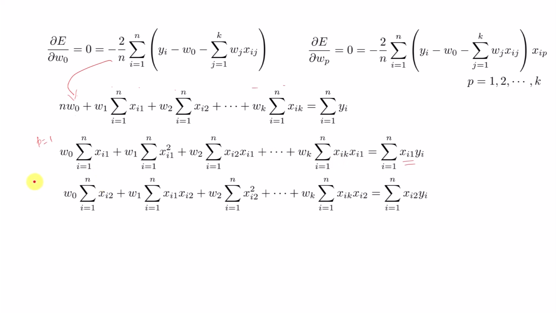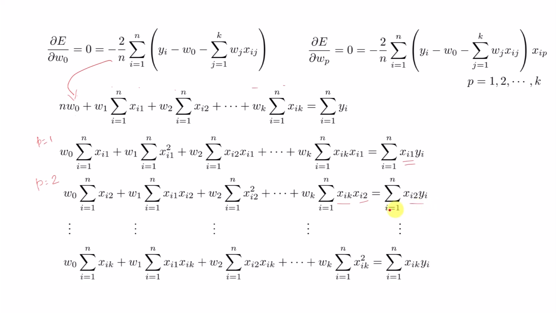Similarly, I can take, let us say, p equals 2, then w0 will be multiplied by summation of xip, p is 2, so xi2. w1, xi1 was already there, it is multiplied by xi2. w2, xi2 was there, so xi2 square, etc., up to wk. xik was already there, multiplied by xi2, and on the right hand side xi2 is multiplied with yi, and we have taken the summation.